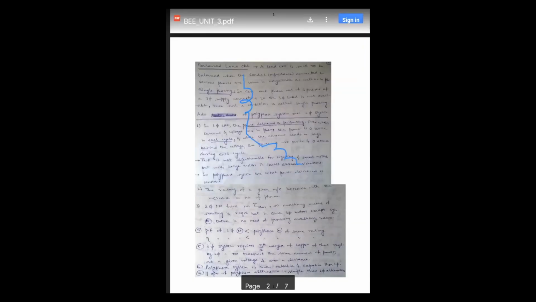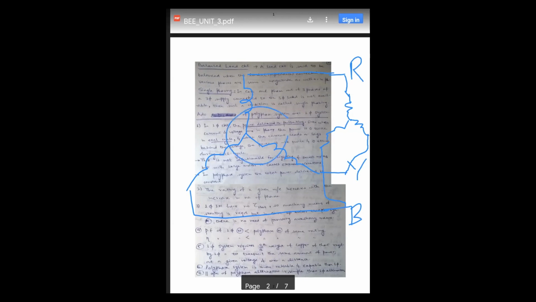This is our supply system, having three phases: R phase, Y phase and B phase. If it is connected to a balanced three-phase load, it means that R phase is connected to R phase, Y phase to Y phase, and B phase to B phase.